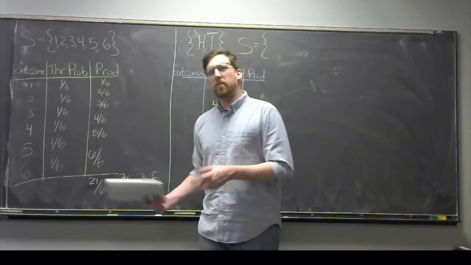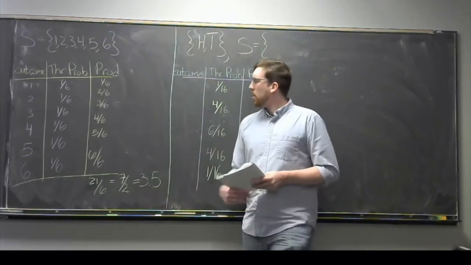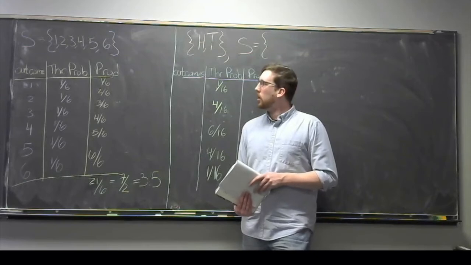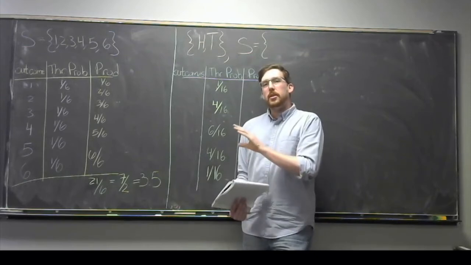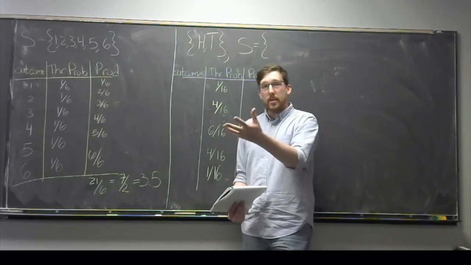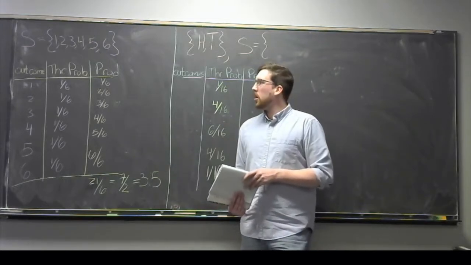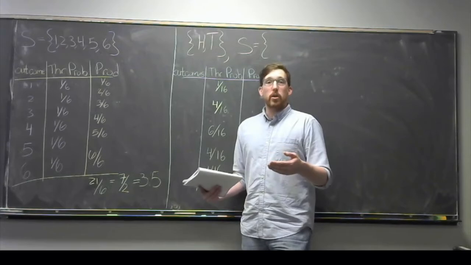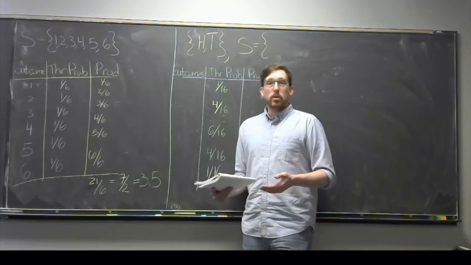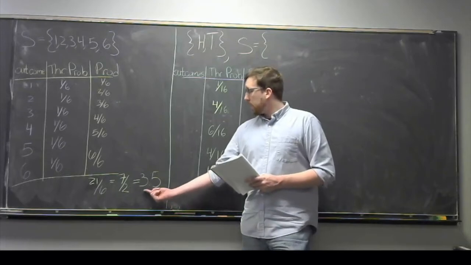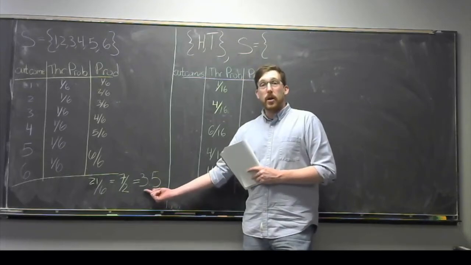So what does this 3.5 tell us? What does this mean? What this means is, if we're going to roll this die over and over and over again, and we took the average value of all of those rolls, the more we do it, we should expect the average of those rolls to get closer and closer to 3.5.